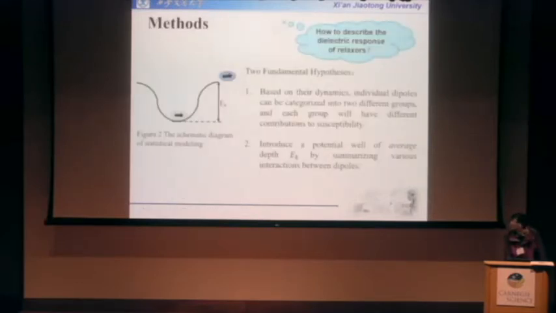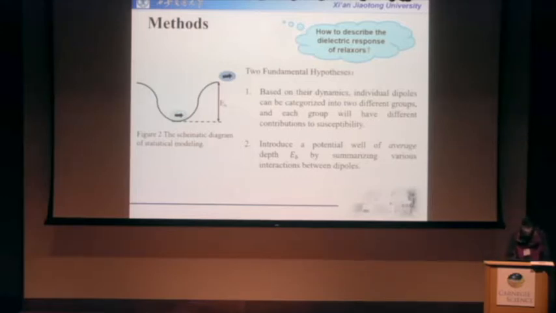Then we come to the question: how to describe the dielectric response of relaxors. Here we give out two fundamental axioms. Number one, based on the dynamics, individual dipoles can be categorized into two different groups: dipoles in potential wells and dipoles out of potential wells.